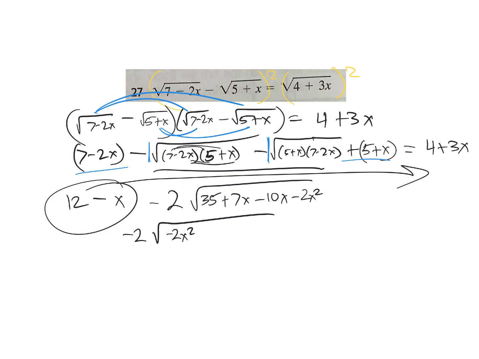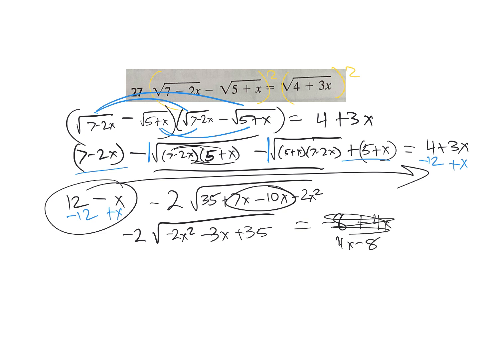Negative 2x squared and minus 3x, the 7x and the 10x there, plus 35 equals 4 and the 12 is 16, and negative x, I'm sorry, we got to do this right. So let's write it out to make sure we do it right. Minus 12 and a plus x. And 4 minus 12 is negative 8, and 3x plus x is 4x. So we should write this as 4x minus 8.